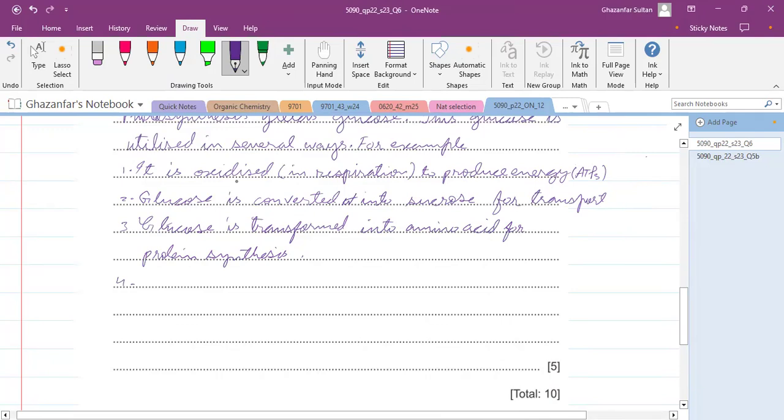And glucose is also converted into starch in storage organs.